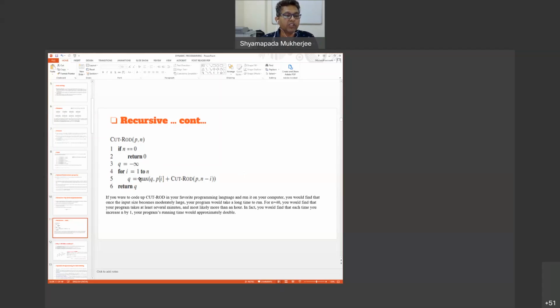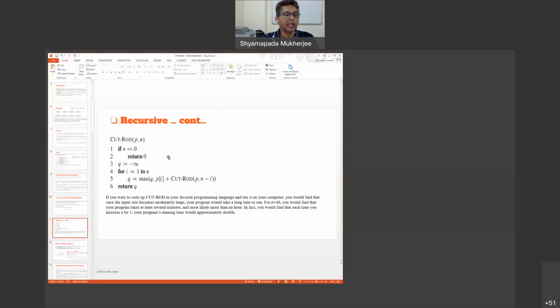Okay, and here for each possible value of i, we need to find this expression. Here we recursively call cut rod for a smaller length, n minus i. So from this you can see that if we represent this using a recursion tree, then how many times are you making a call to cut rod.